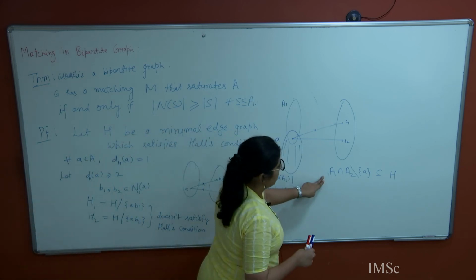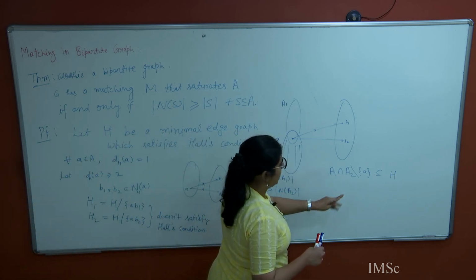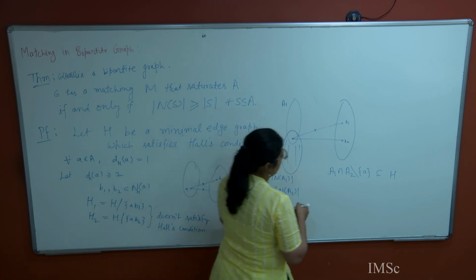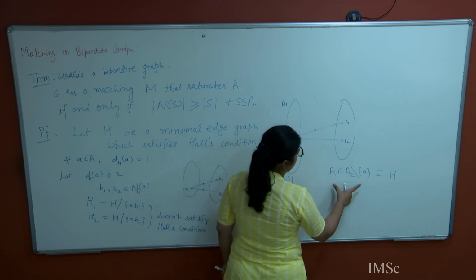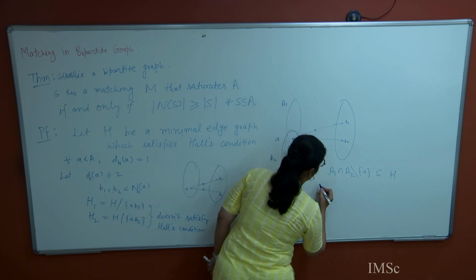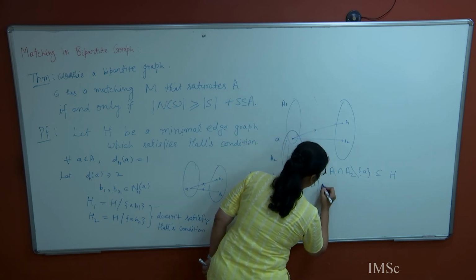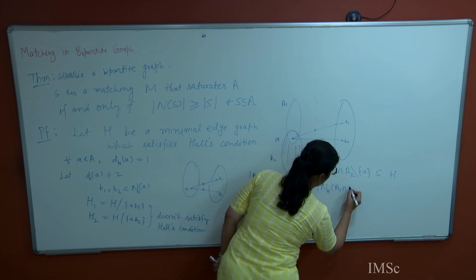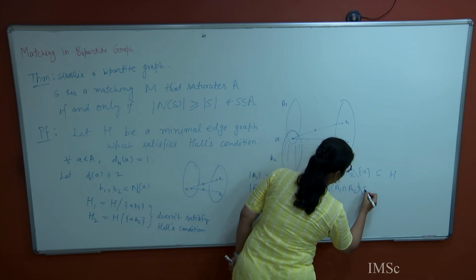So this is my set: A1 intersection A2 minus A.